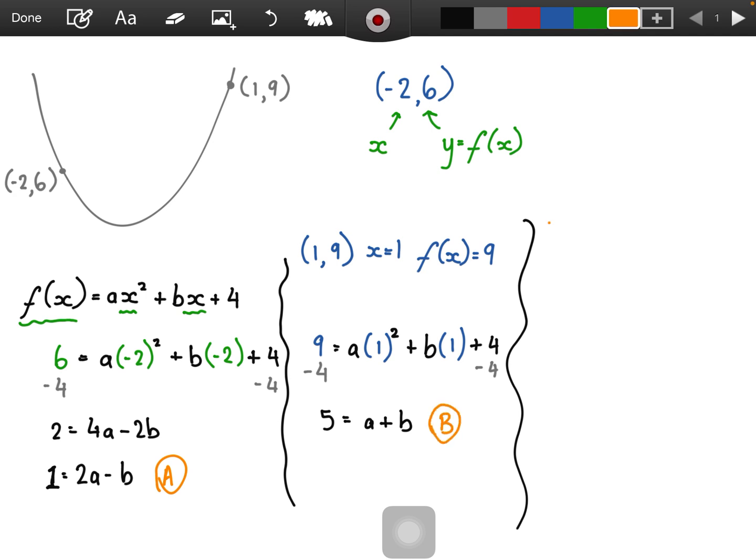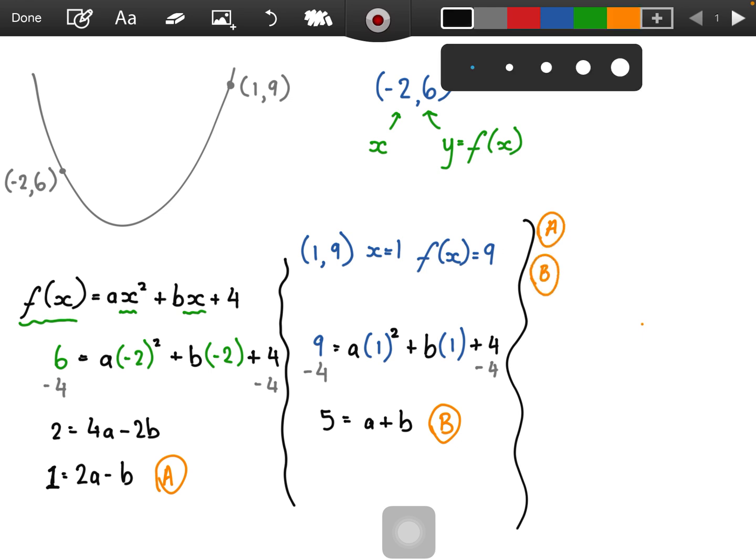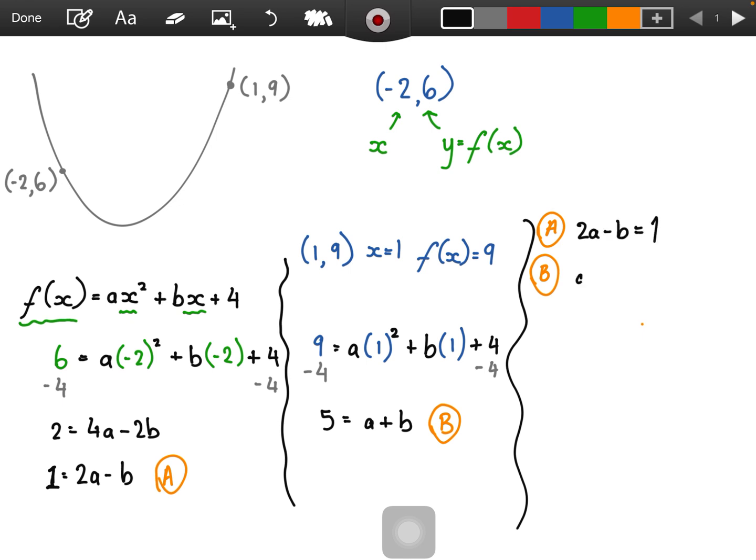I can just do some nice simple simultaneous equations from junior cert here: 2a minus b is equal to 1 and a plus b is equal to 5.